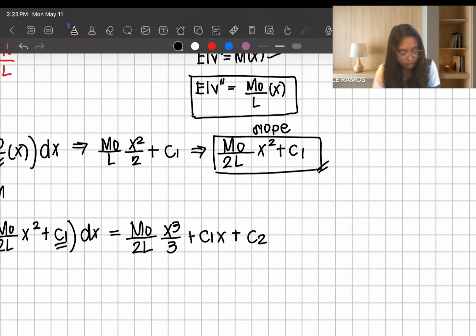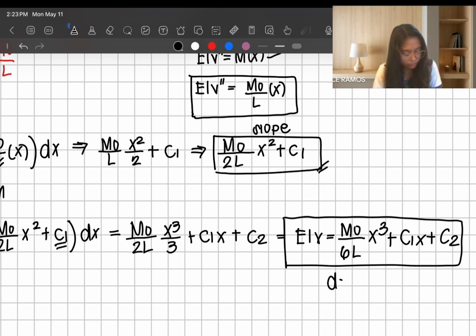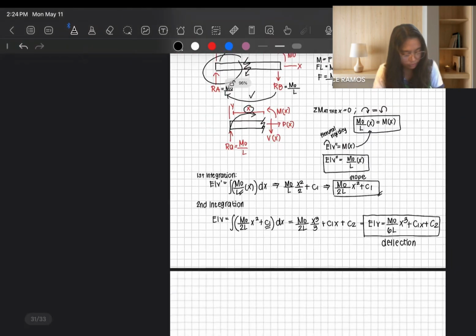So after combining this, we will get the y is equals to the moment divided by 6 times the total length, x cubed plus c sub 1 x plus c sub 2. So this is now our equation for the deflection.